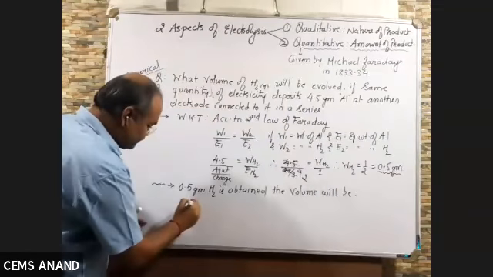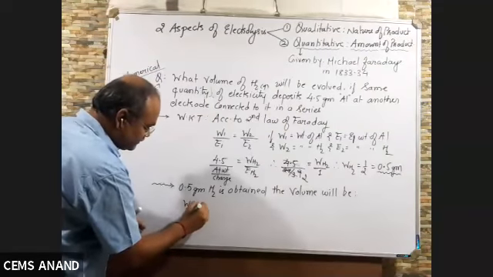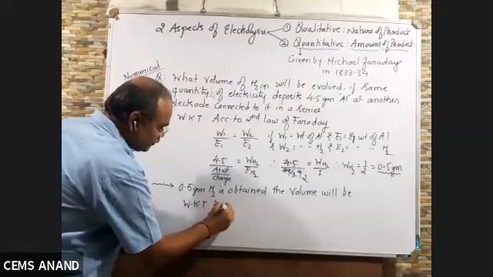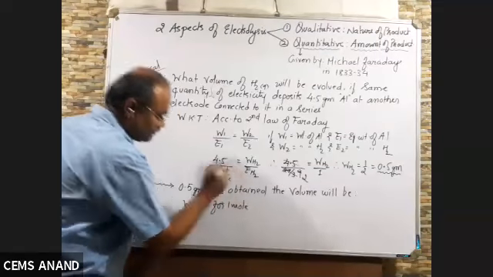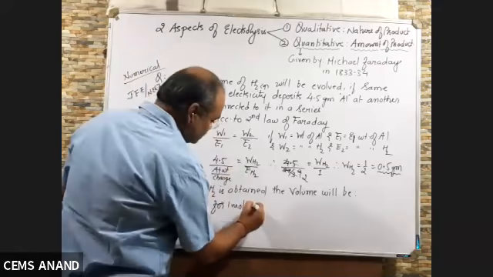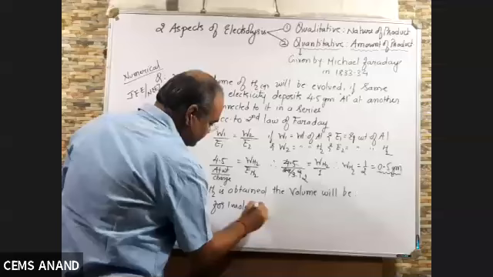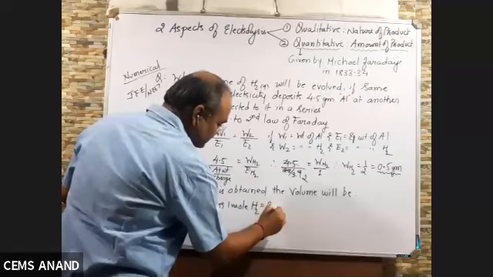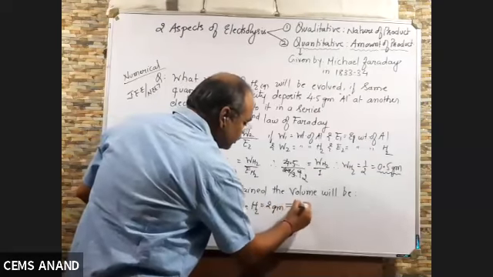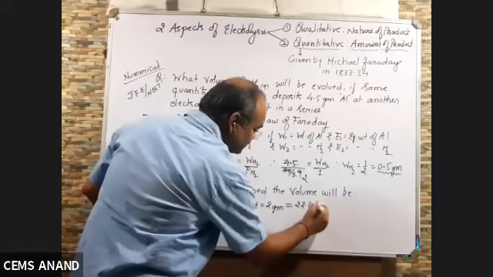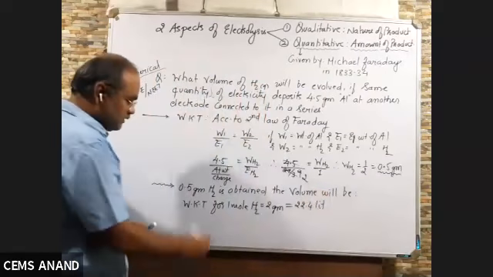We know that for 1 mole, that is equal to 1 mole H2. For 1 mole H2, that is equal to 2 gram. The volume is 22.4 liter.